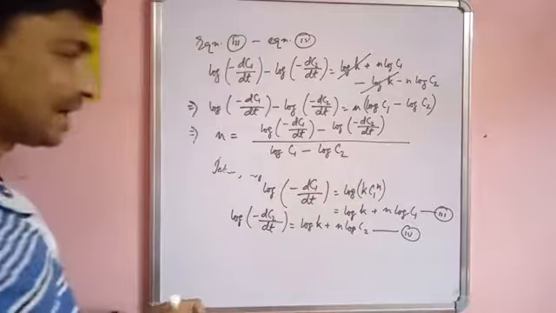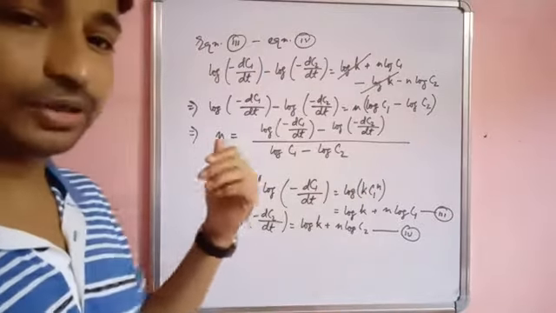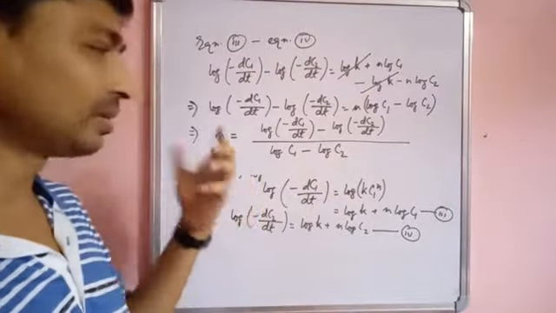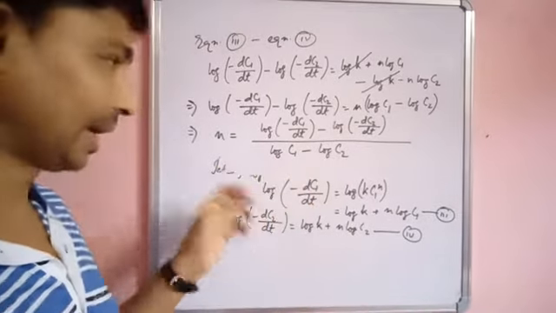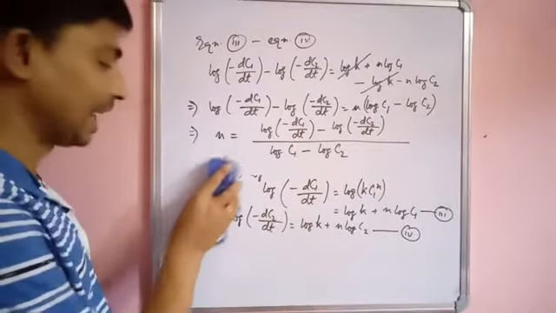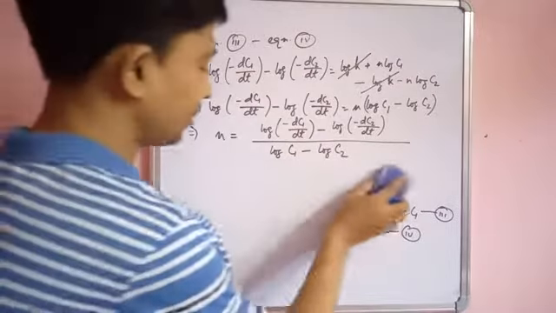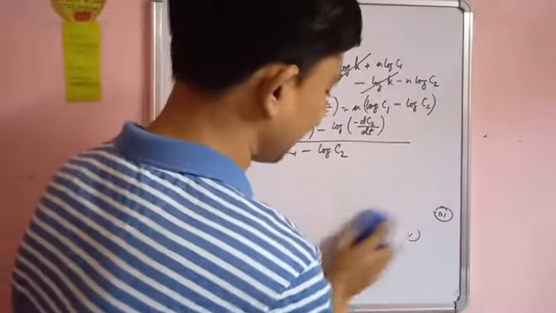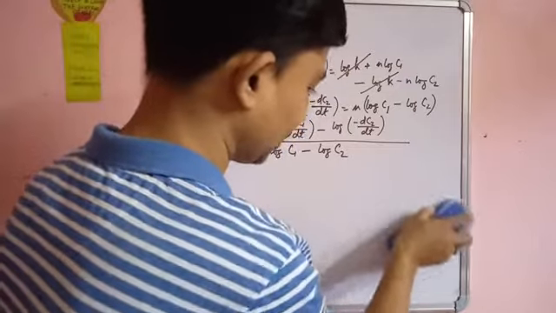So using the differential form of the reactant and also the concentration of reactant, we can determine the order of reaction, that is n. So this is another method which is named as Van't Hoff differential method.